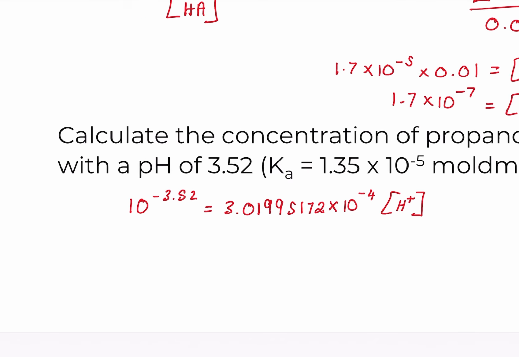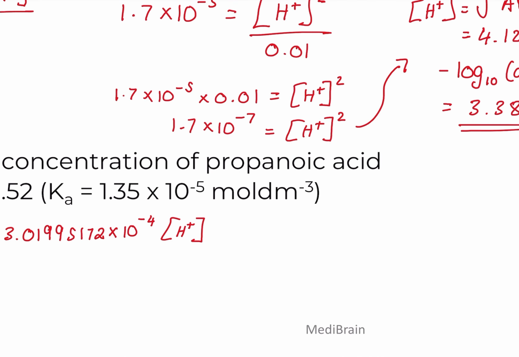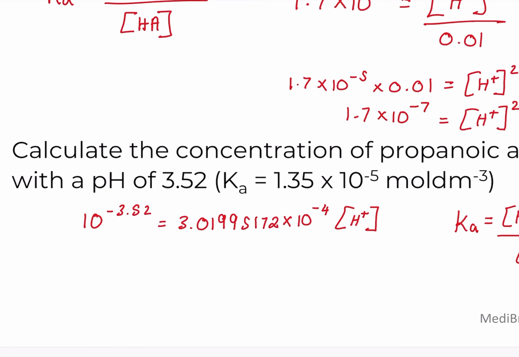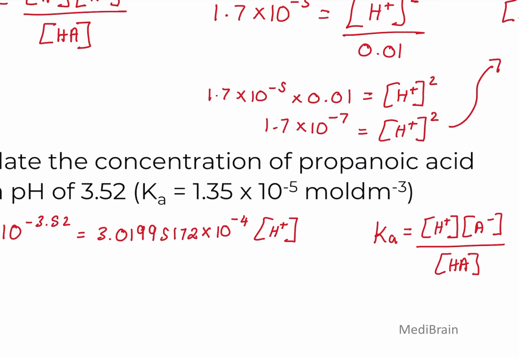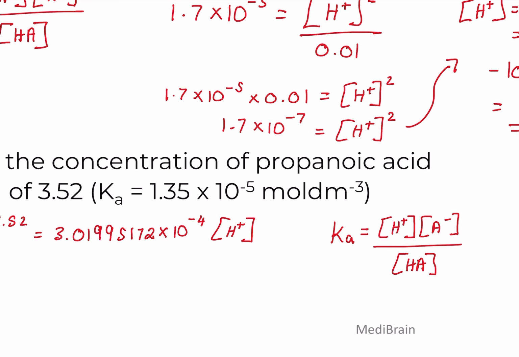Let's write down our Ka expression because we're given the value of Ka over there. So we know that Ka is equal to H plus A minus all over HA. We know that Ka is that, and we also know that because it's a weak acid, these two concentrations are going to be equal.